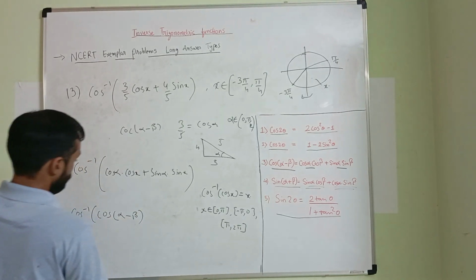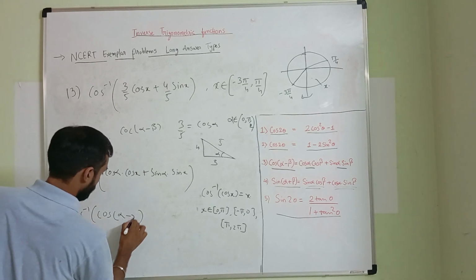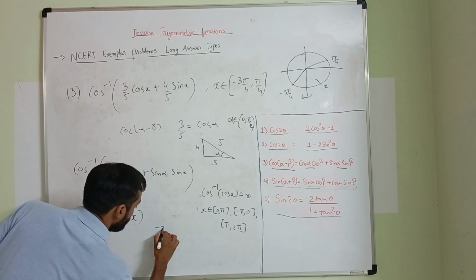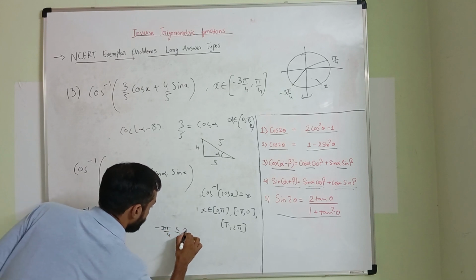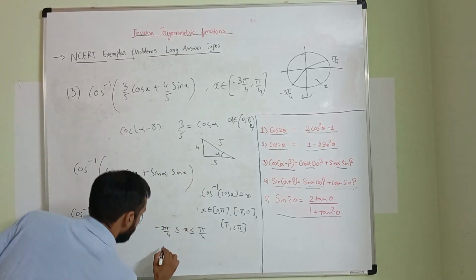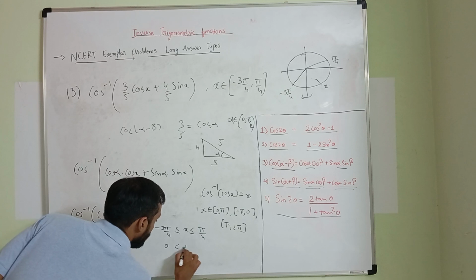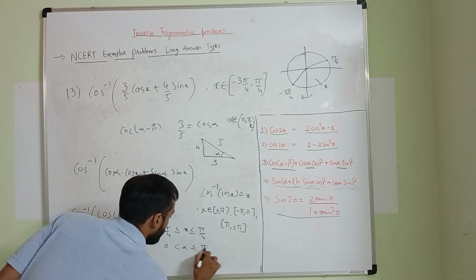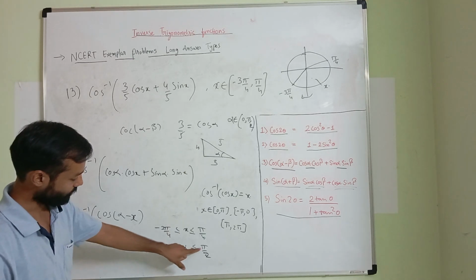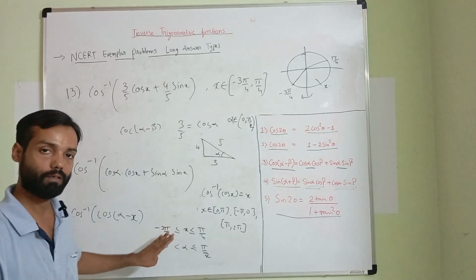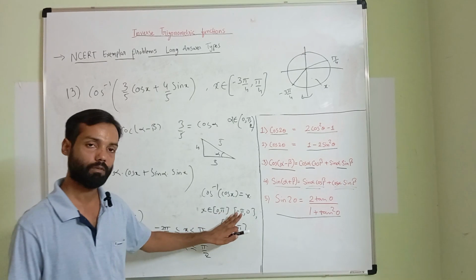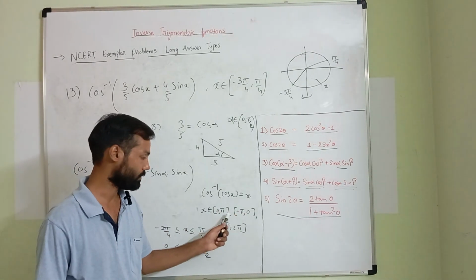Here our x is given, that is minus pi by 4 less than x less than 3 pi by 4, and our alpha is given, that is 0 less than alpha less than pi by 2. So when we subtract the second inequality from the first, we will find an interval, and we have to verify whether this interval is a subset of the mentioned intervals.